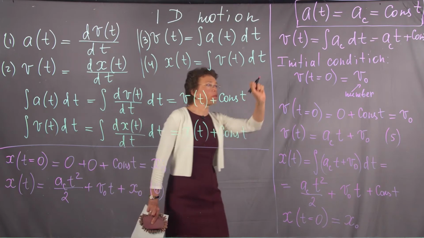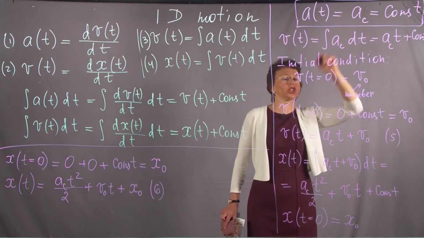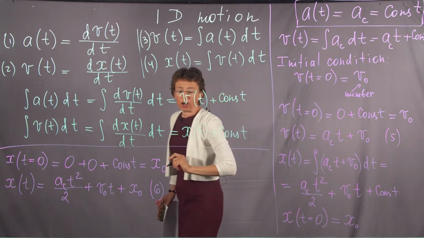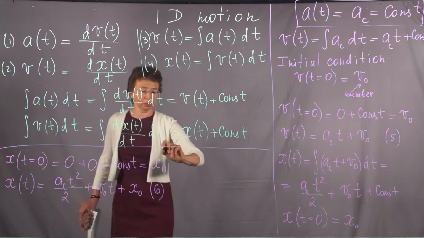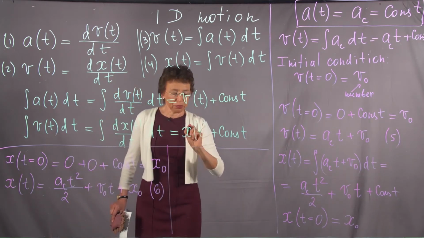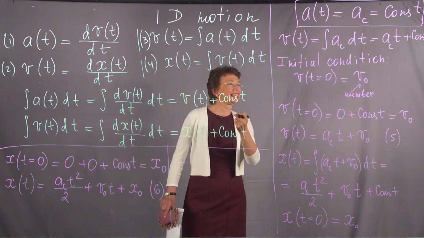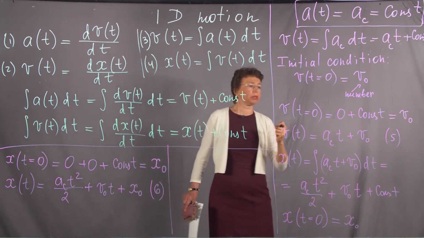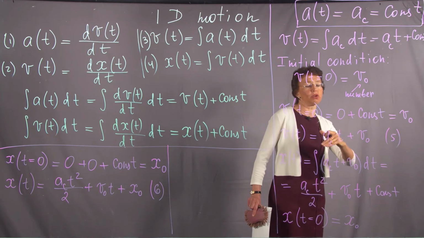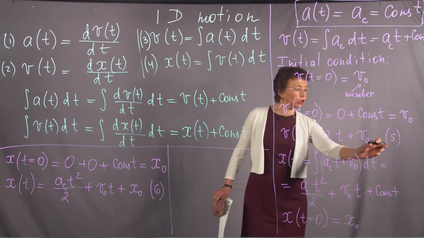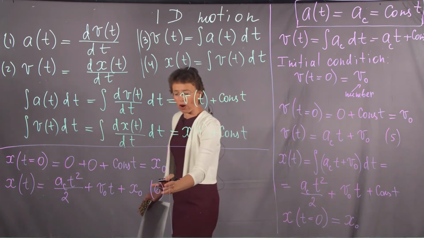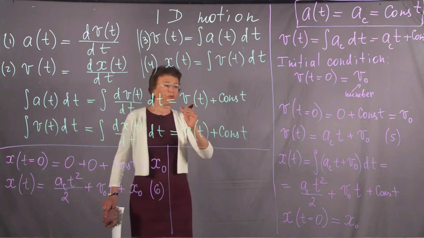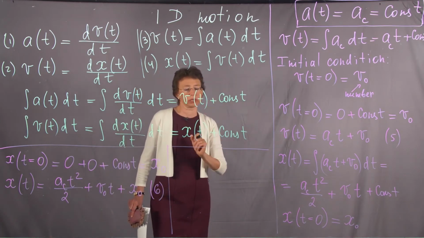Now I will keep my red acceleration constant, and I will derive one more formula that also could be useful. This formula will exclude time. If time is not part of your problem and you're looking just for velocity or position, you can exclude time from formulas 5 and 6 and have a formula that has only velocity and position.